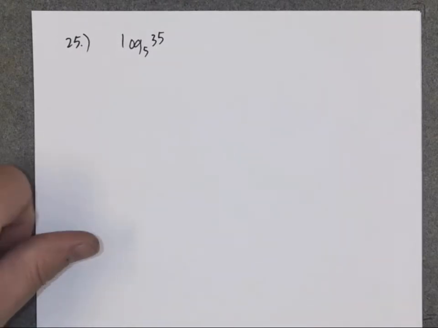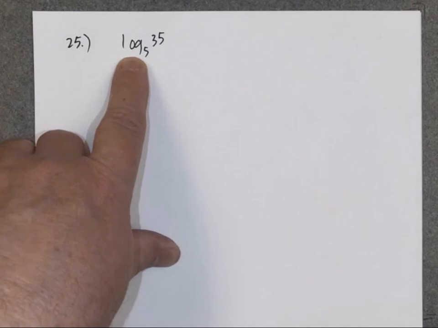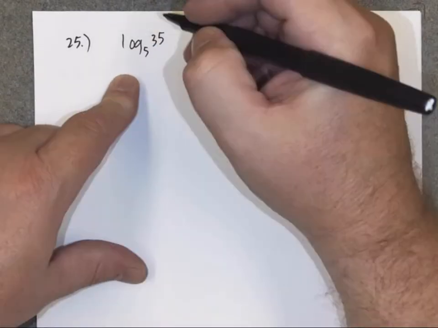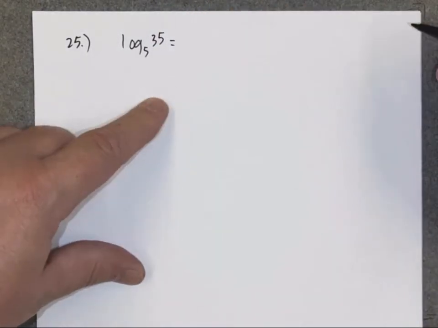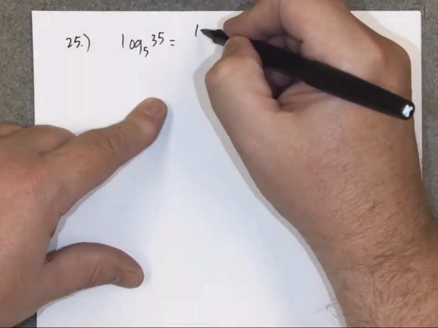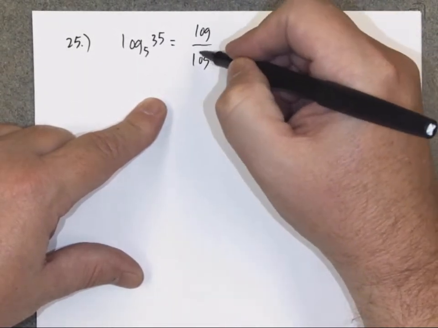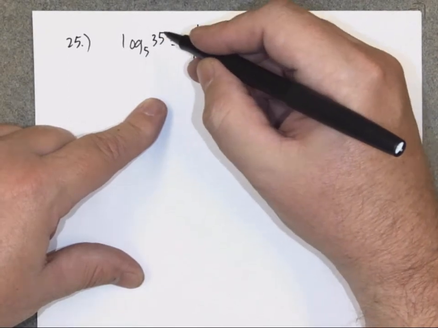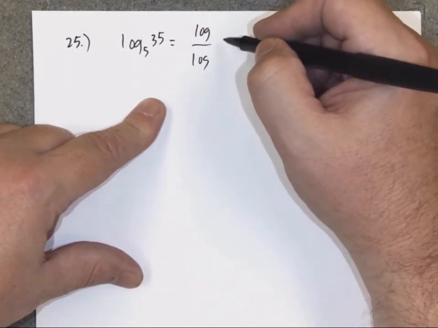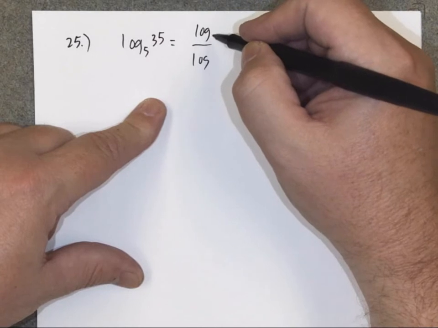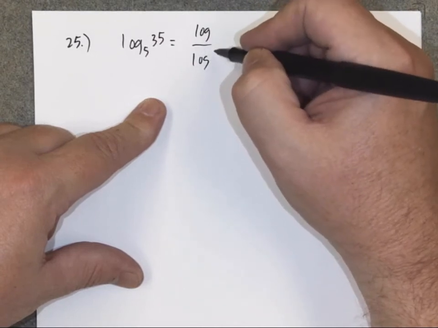But change of base says, hey, you don't like log base 5? Fine. You can change it and choose whichever log you want. I'm going to choose log base 10, common log. Remember, change of base says I create a fraction of logs with the base of my choice.